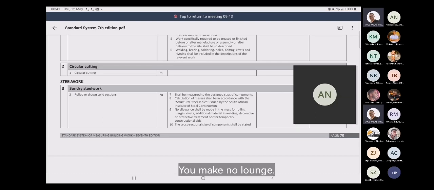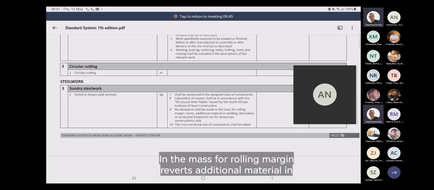We make no allowance in the mass for rolling margin, rivets, additional material in welding, decorative or protective treatment, nor for temporary constructional aids.